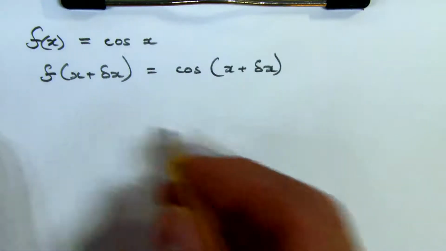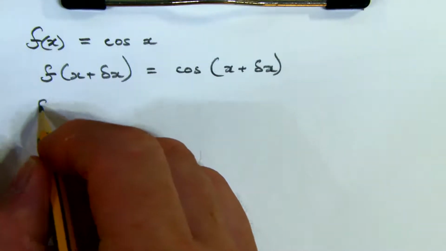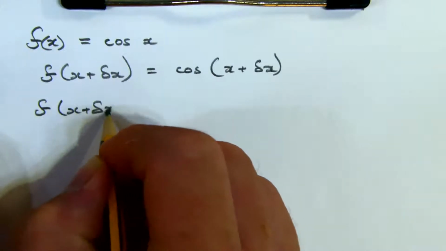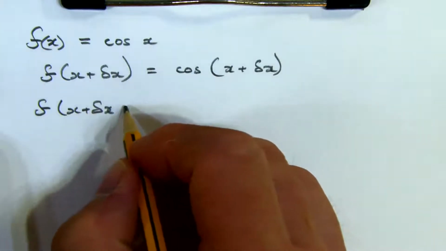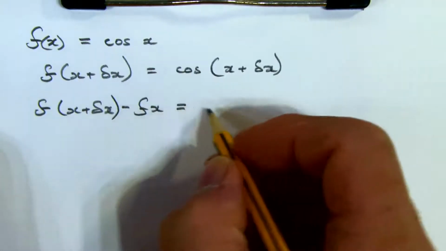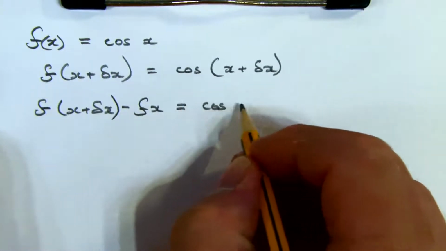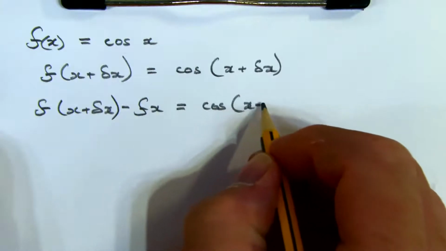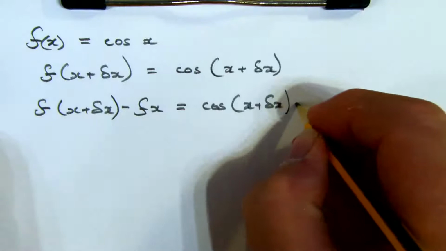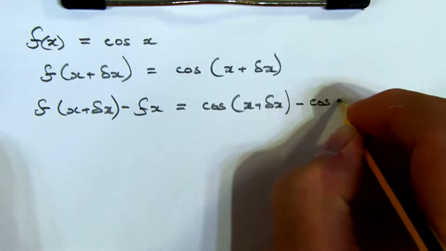We can also work on the idea that f of x plus delta x minus f of x is going to equal cos of x plus delta x minus the cos of x.